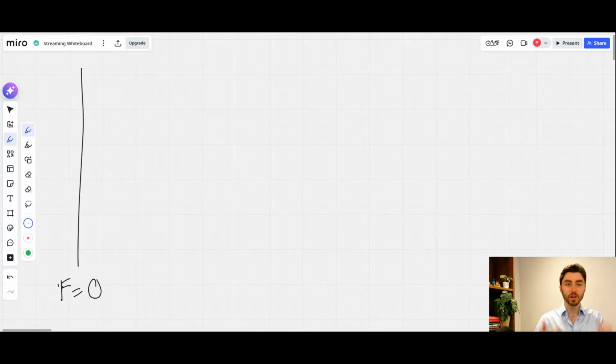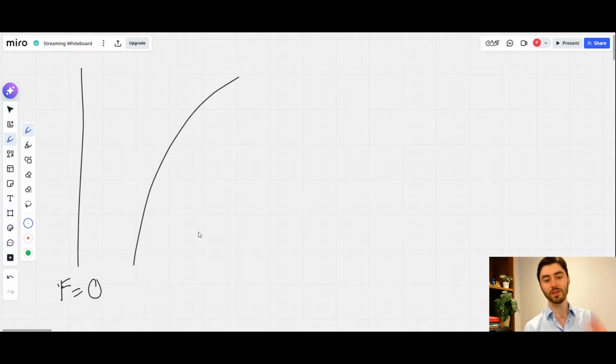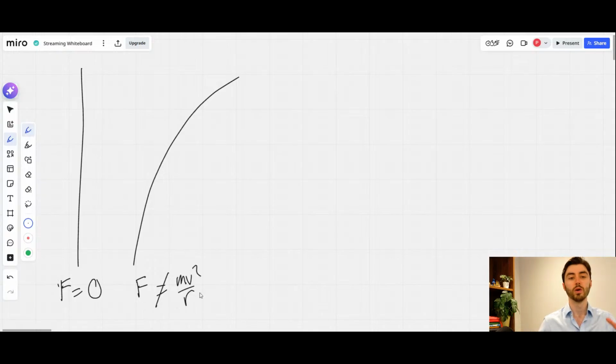If there is a resultant force acting on the object, that is going to cause the object's motion to deflect. That is going to cause an acceleration, so a change in the velocity vector. So for instance, if this is just an F bigger than 0, but not equal to mv squared over r, we will get it to deflect.